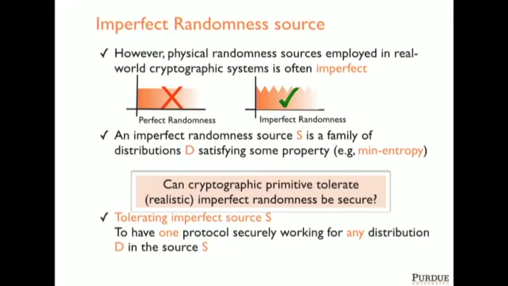And the interesting question to ask is: let's say we replace this ideal uniform random source with this imperfect source, can we still achieve the guarantees that we want? That's what we'll call the concept of tolerating imperfect sources. So we replace the uniform source in the ideal scenario with a non-uniform source, and still we ask the question, does the protocol remain secure or not?